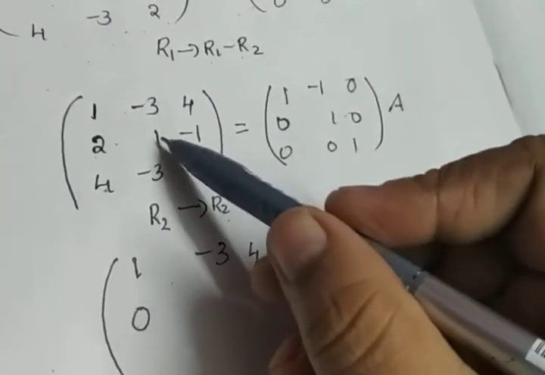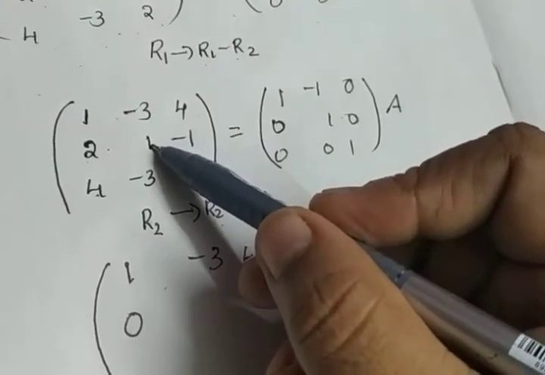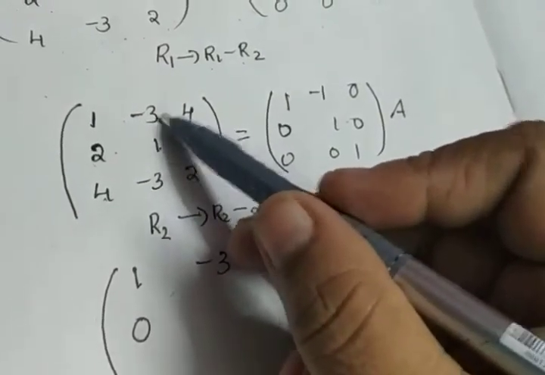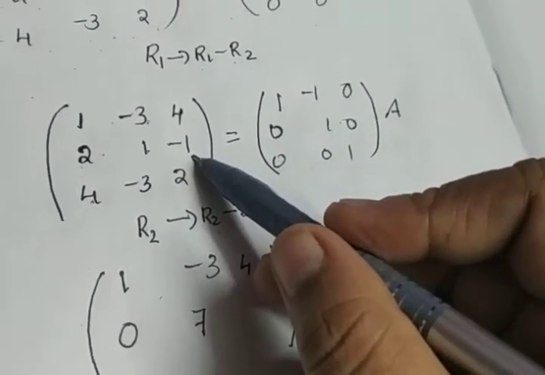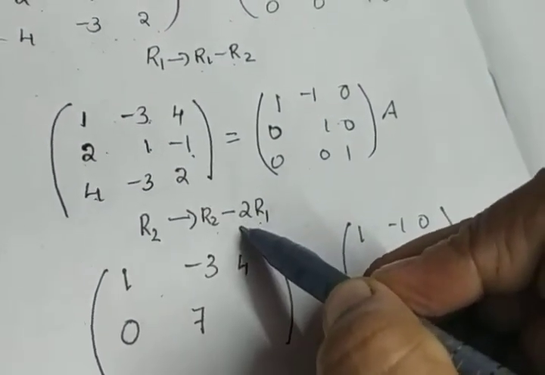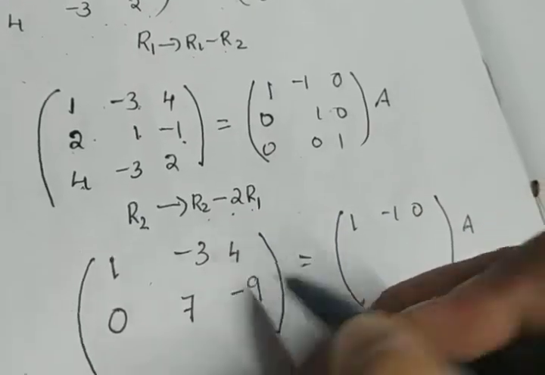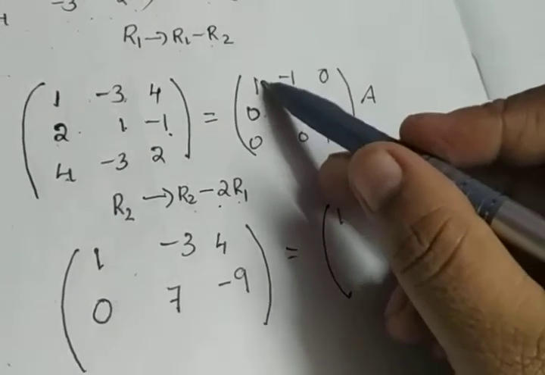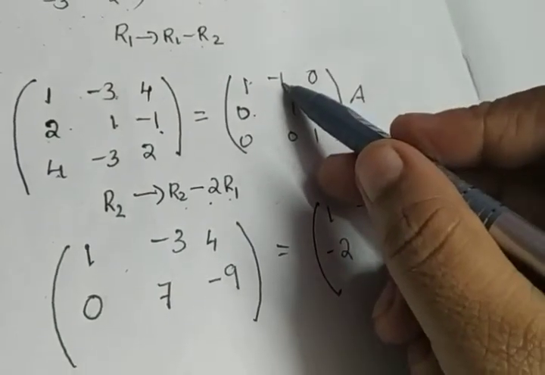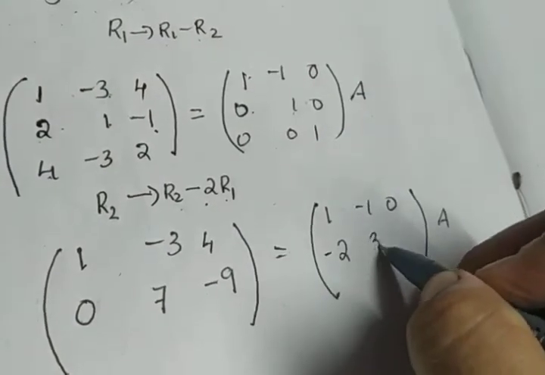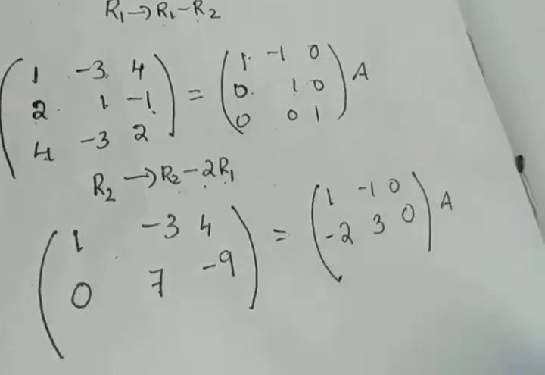The next term, 1 minus 2 into -3, that is 1 plus 6 gives you 7. And here -1 minus 2 into 4, so -1 minus 8, which gives you -9. On the right side, 0 minus 2 into 1, that is -2. 1 minus 2 into -1, that is 1 plus 2, which gives you 3. 0 and 0, no change, it's 0.